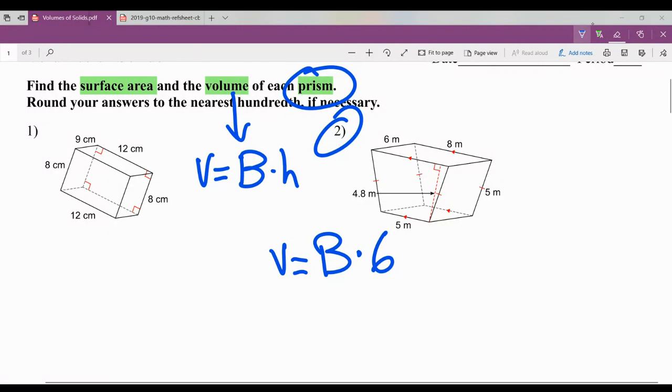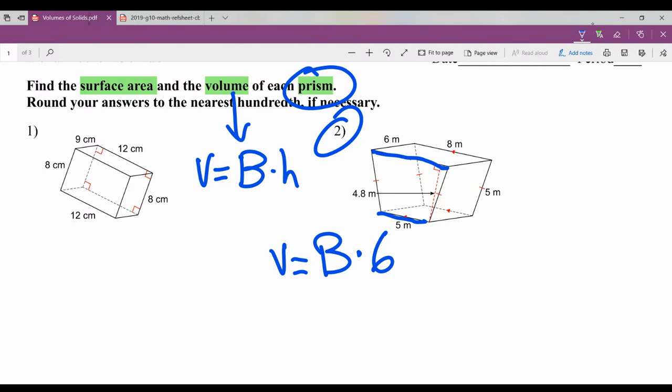But the area of a trapezoid is the average of the two, and now I'm using a lowercase b, bases. Remember that in a trapezoid, you've got two parallel sides. The average length of those two sides times the height.